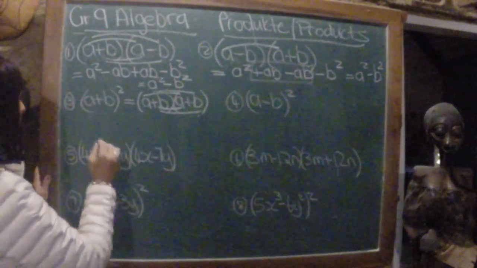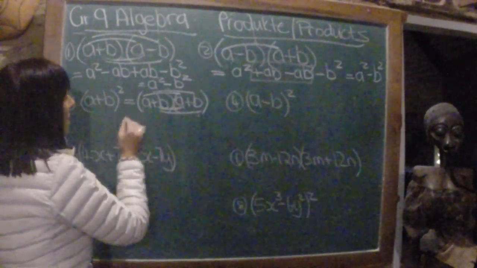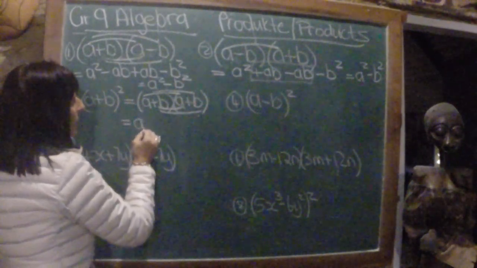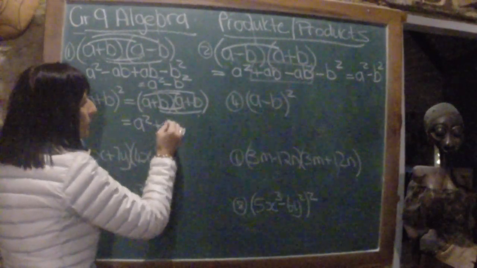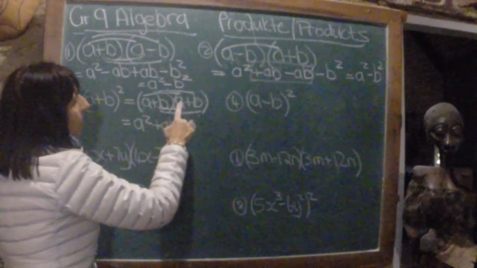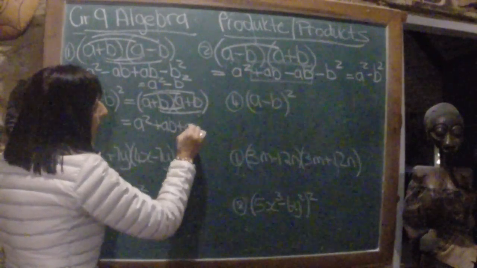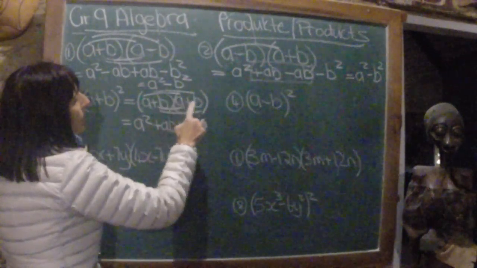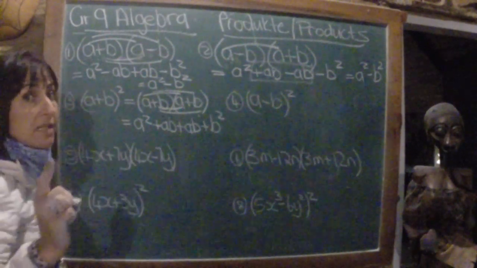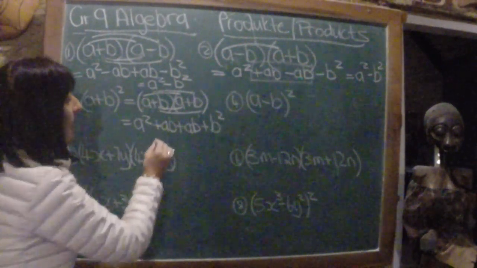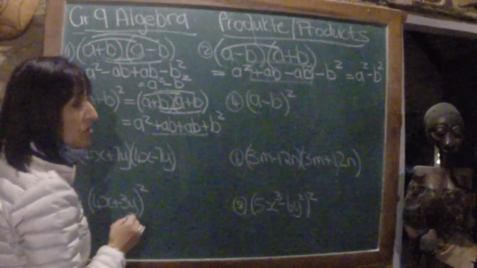Let's do it. A maal A gee A kwadraat. A maal plus B plus AB. B maal A plus AB. B maal B plus B kwadraat. Wees versigtig, graad 9's, because this doesn't eat each other.